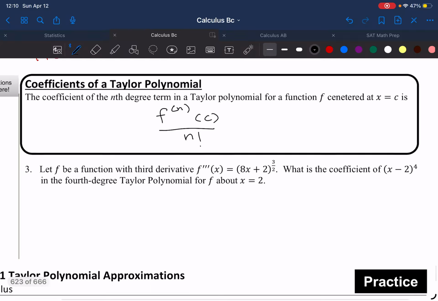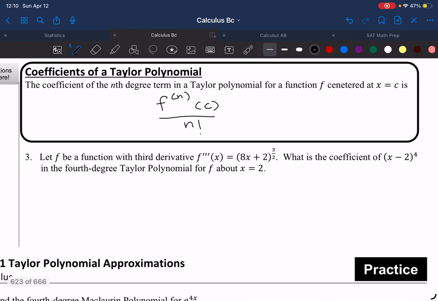So if we're looking at an example where it wants us to find the next degree, like number 3, we can easily find that using the following formula. It says let f be a function with a third derivative of the following. What is the coefficient of x minus 2 to the fourth power in the fourth degree Taylor polynomial for f about x equals 2? So we need to find the fourth derivative of x.